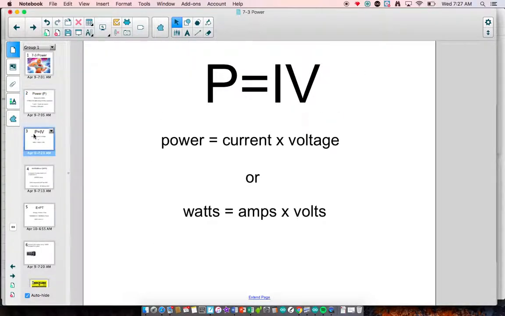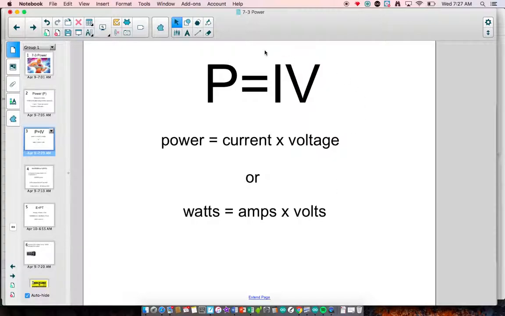And here's a new equation that follows. Power is equal to current times voltage. I, remember, represents current, V represents voltage, and the units then are watts equal amps times volts, which is pretty darn useful.